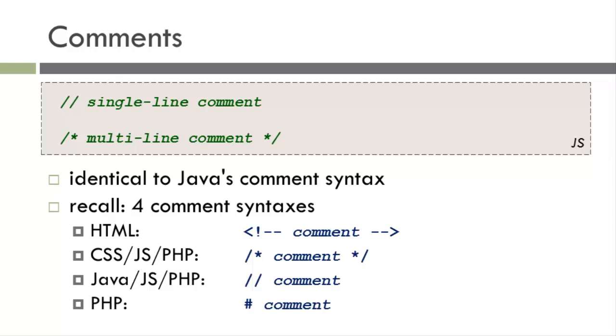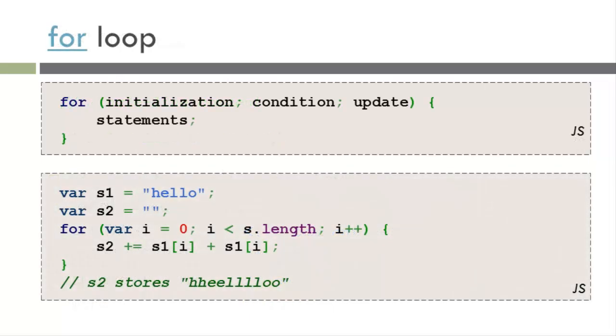To do a multi-line comment, you can do a slash asterisk, as you would in C++ or Java. The for loop is also the same as it is in Java and C++. You declare the index in the for statement, do the condition, and then you do the auto increment.